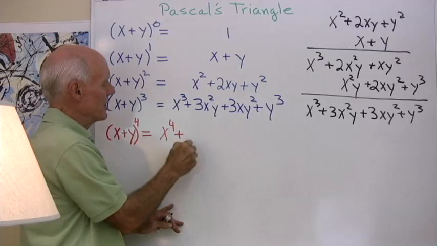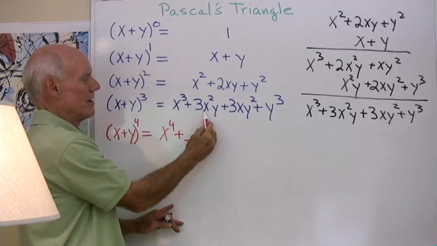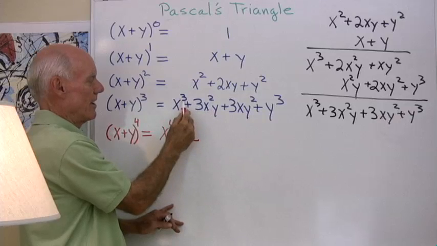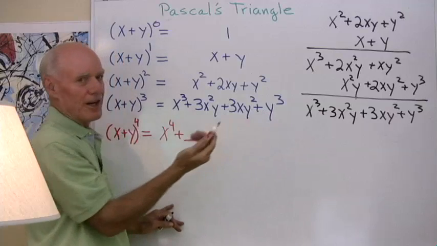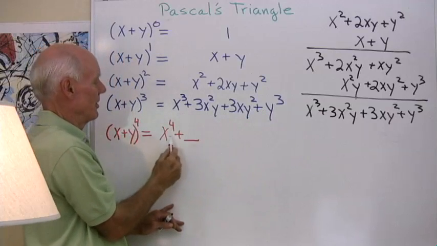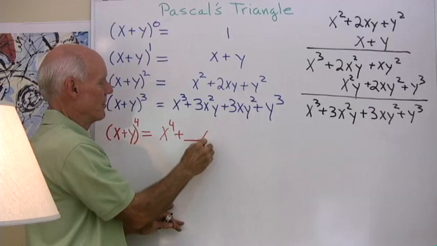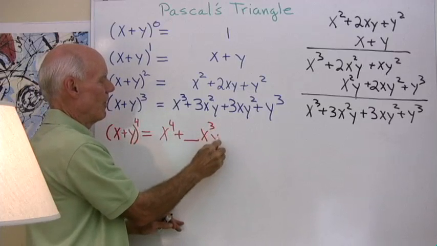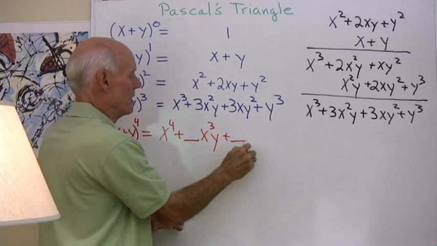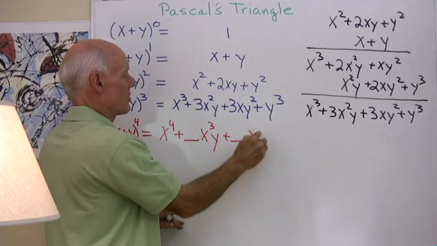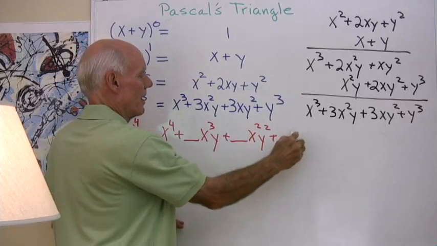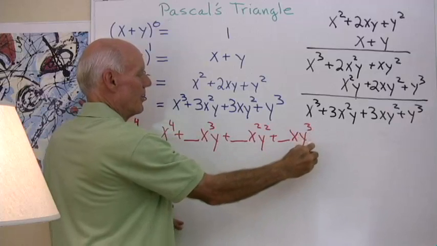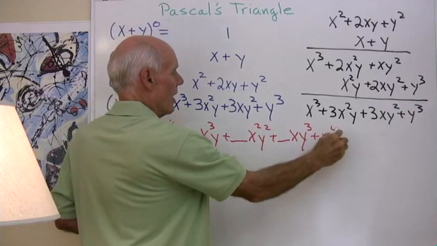Then it's going to be something times x cubed y. The next one is going to be plus something times x squared y to the second, plus something times x y to the third, plus y to the fourth power.